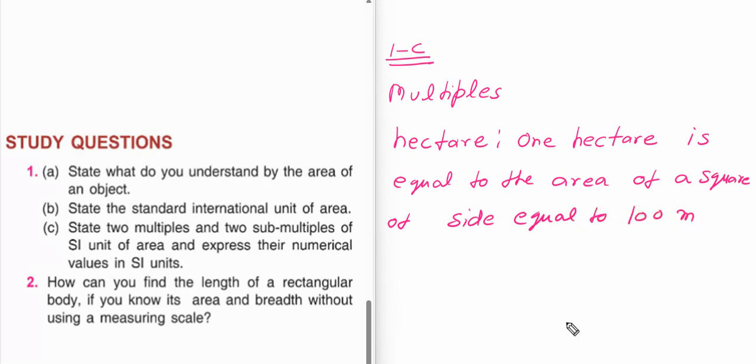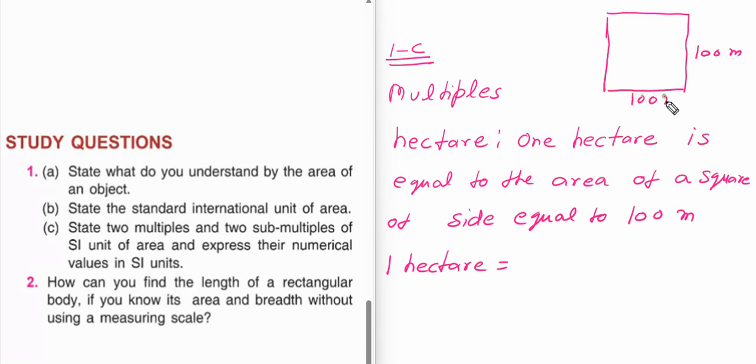Beta ji, 1 hectare equal to. Now, if I draw a square, its side is 100 meter, so its area is equal to 1 hectare.